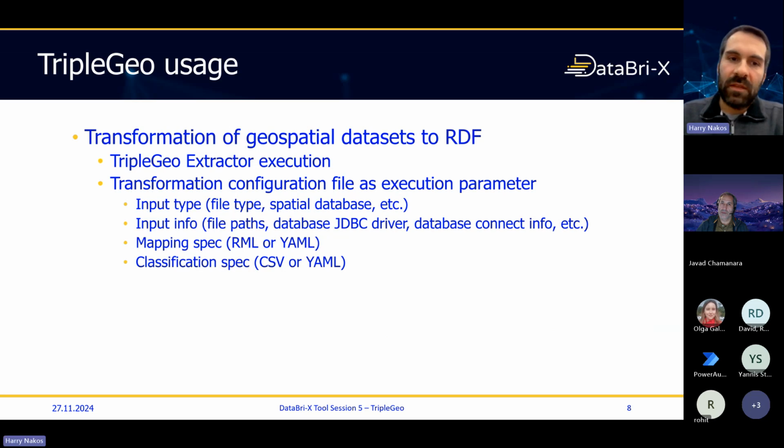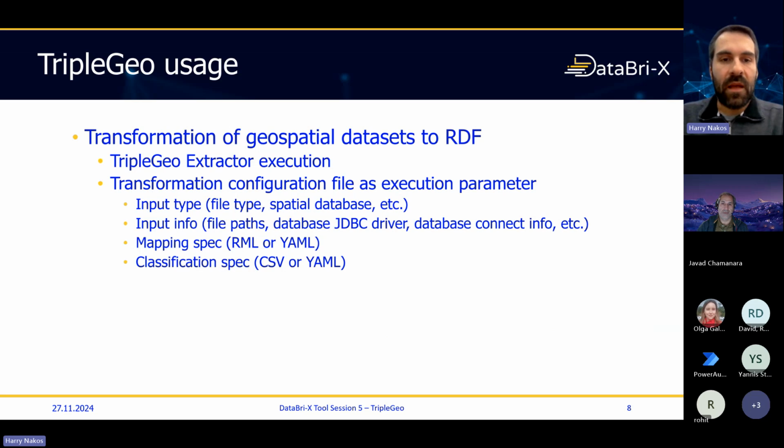Then, depending on this value, the input info is provided: file paths when a file type has been defined, the driver for the database if a database is used, and the database credentials to use. And the most important thing that is provided in this configuration file is the mapping specification for converting the attributes to RDF, and the classification specification for using a classification scheme.